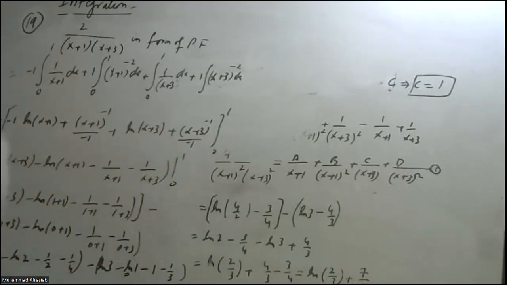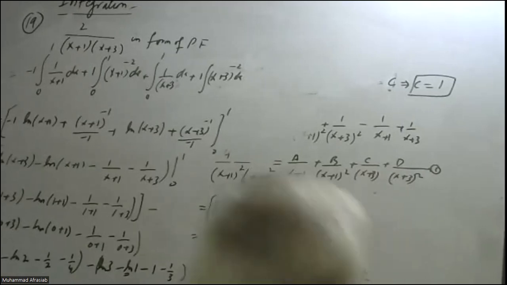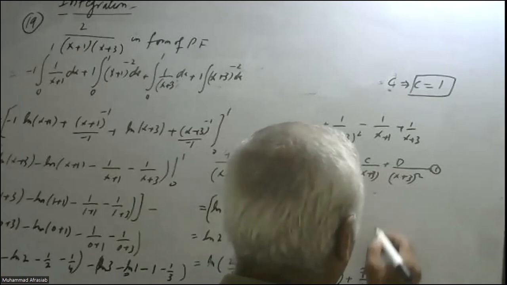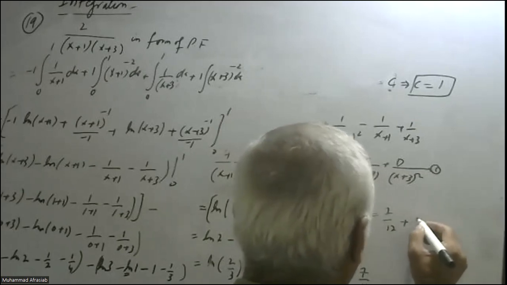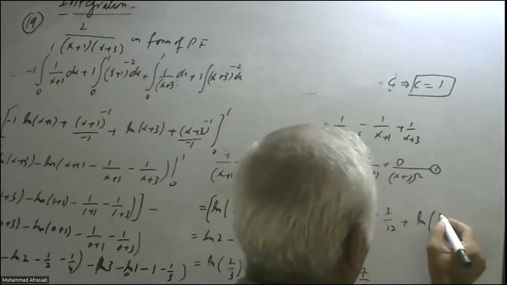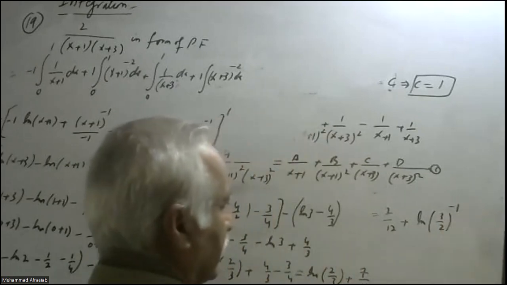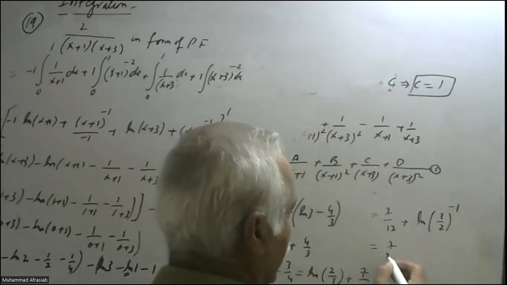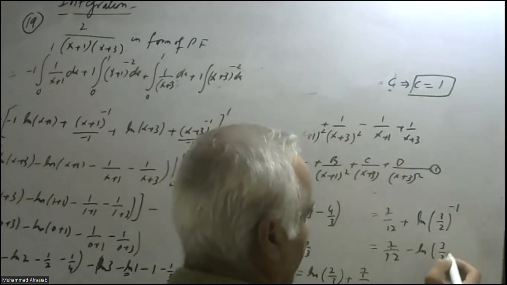So this is the answer for the last part of this question. That thing we can write it as 7 over 12 plus log of 3 over 2 power minus 1. Then we have to prove it: 7 over 12 minus log of 3 over 2.